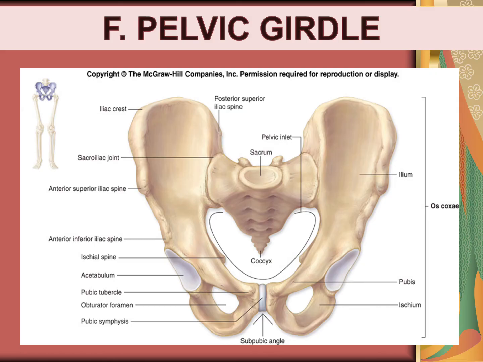Head kasi yung pinakamalaking structure ng fetus na magpapass through dito, so dapat magkakasya yung head. If in case hindi kasya yung head, in such a way na impossible ang vaginal birth, the woman might undergo cesarean section delivery.